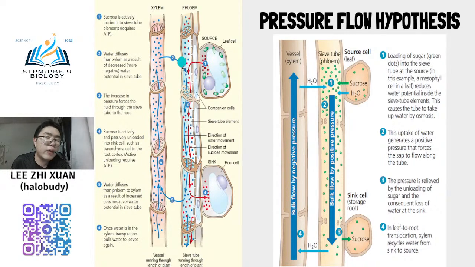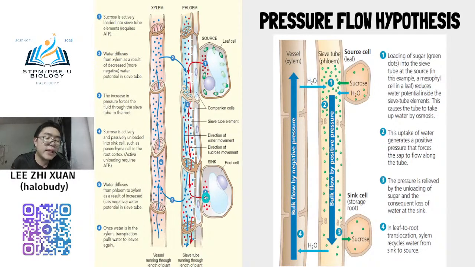And when many water molecules have accumulated here, the high pressure will force the fluid through the sieve plate and transport the sucrose from the source to the sink. When they enter the sink, the sucrose molecule will be transported into the root cell or any type of plant cell that requires organic nutrients.